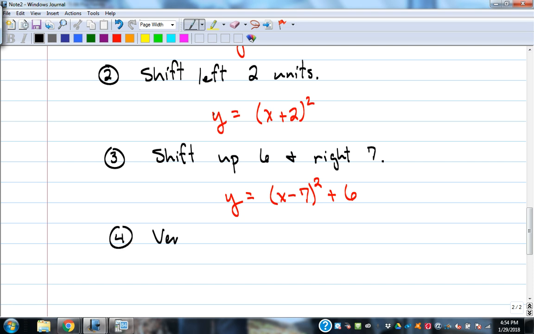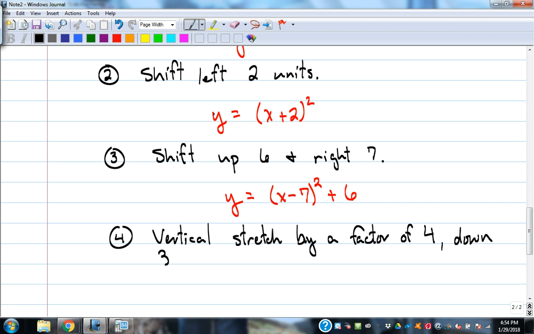Let's do a vertical stretch, and then down 3.